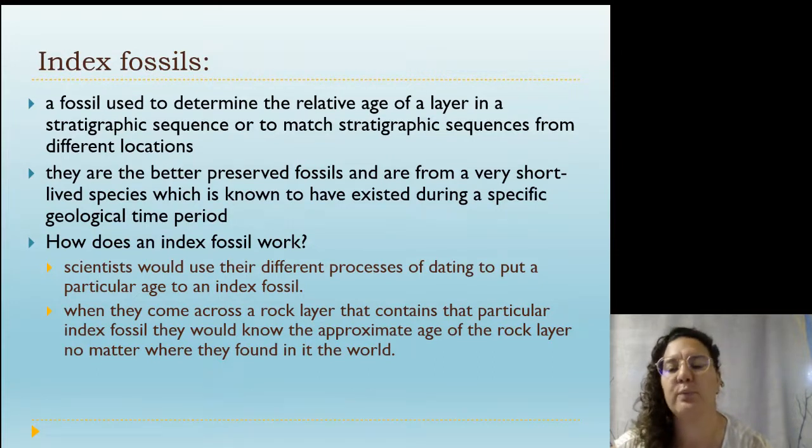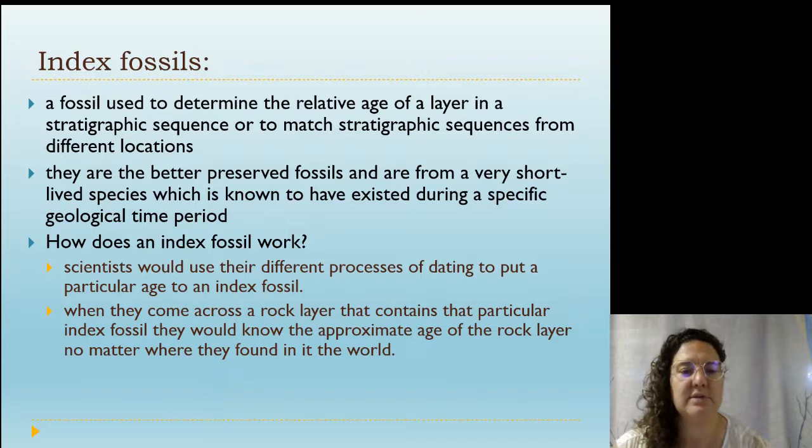If we find an index fossil, we can relatively age that layer, or we can compare two different sites. Typically, index fossils are better preserved fossils from a very short-lived species that's known to have existed during a specific time period, so that we can easily date that rock and it has a short time period as opposed to a really long time period.